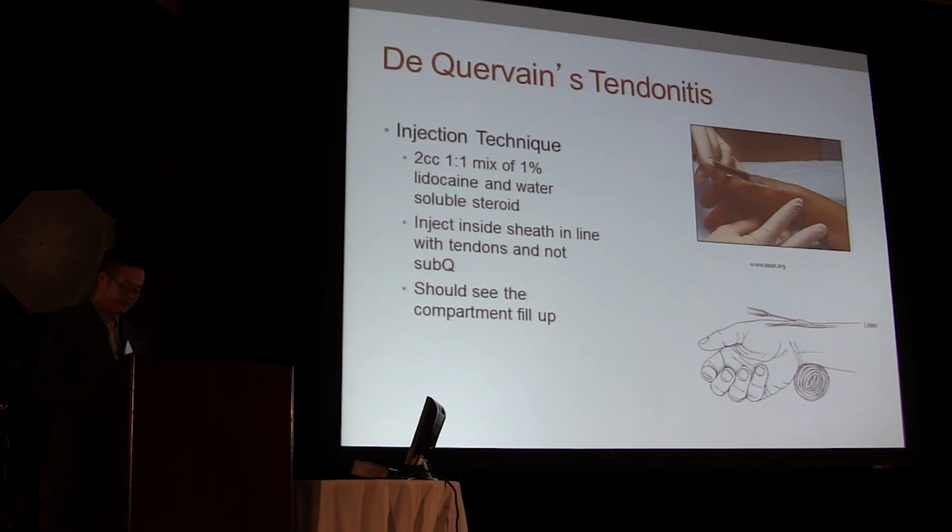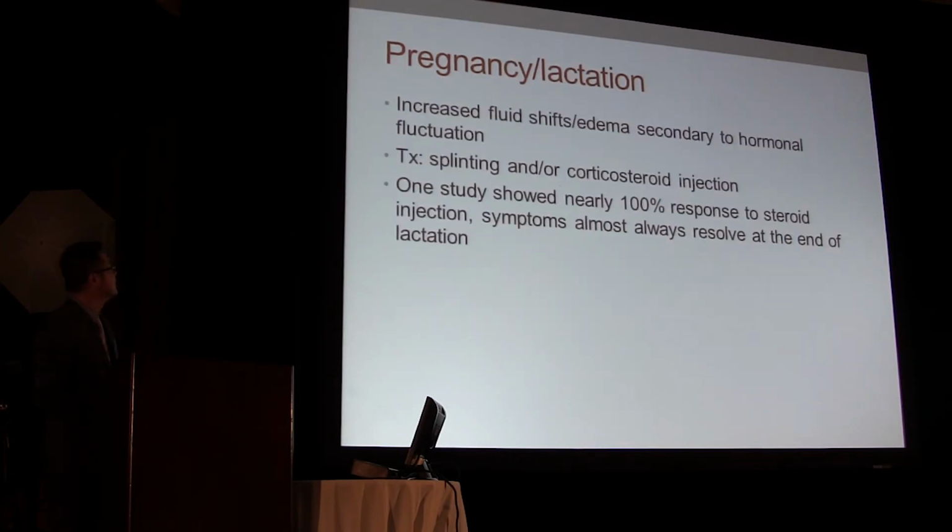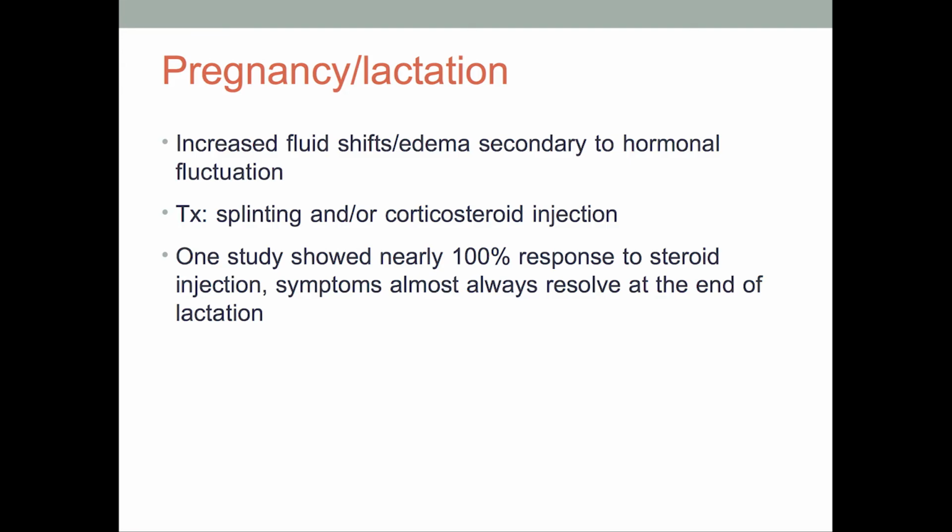It's actually quite gratifying. So pregnancy, lactation, there are hormonal fluctuations and shifts in third spacing. And so, like I said, women who come with de Quervain's, I inject, and most of them do really well.